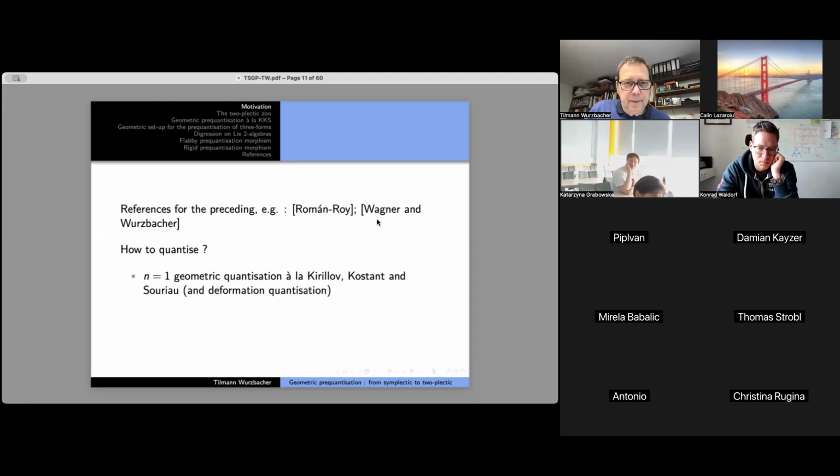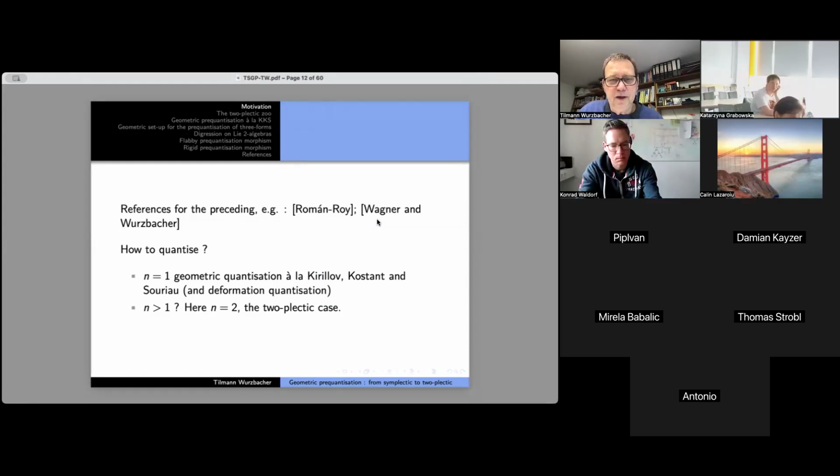In the case n bigger than 1, not so much is known. There are some tentatives, but I think quantization is not so much done. I try the two-plectic cases, at least for two reasons.